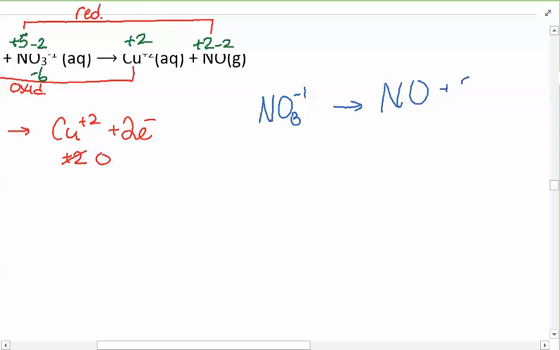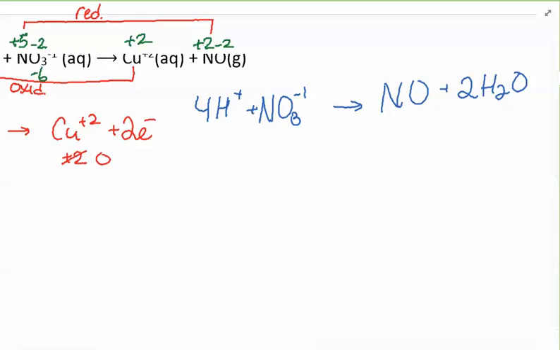We're going to add 2 waters to the product side to give us a total of 3 oxygens. Now that oxygens are balanced, we're going to add 4 hydrogen ions to the reactant side. 4 hydrogens on the reactant side balance the 4 hydrogens that we added to the product side.